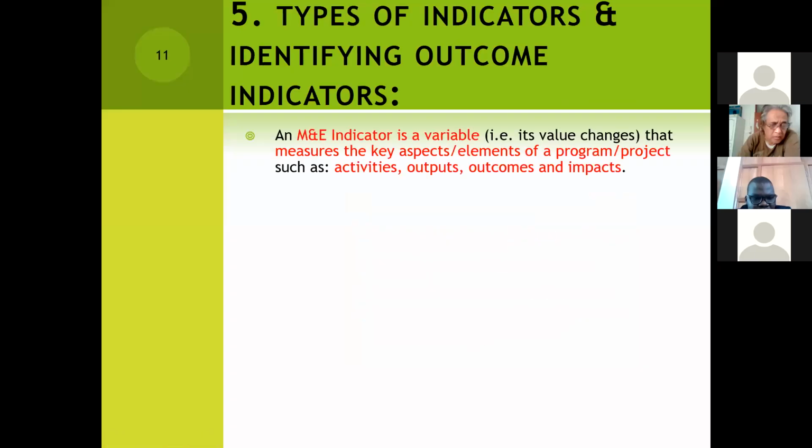So before I discuss that, let me talk about what an indicator is. We normally say an indicator is simply a variable. That basically means it is a component whose value changes, and that's why we talk about indicators as variables.